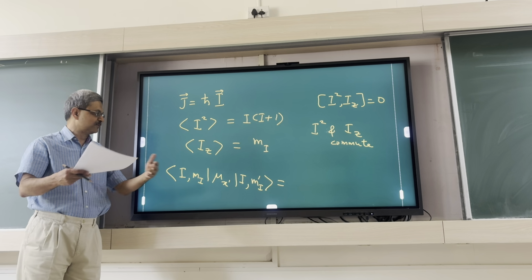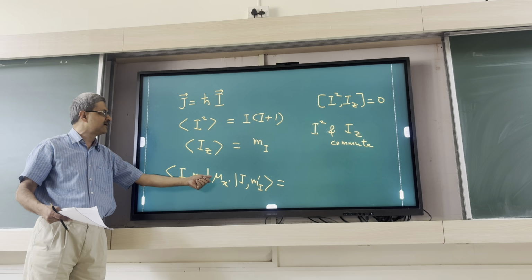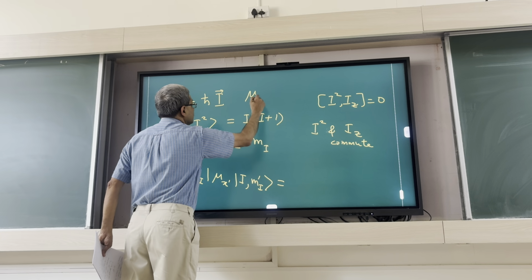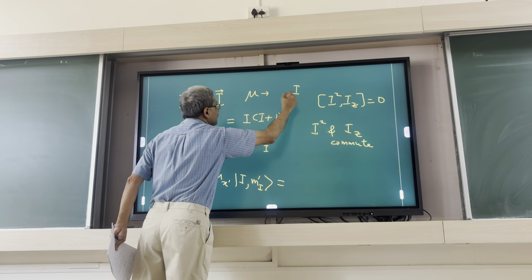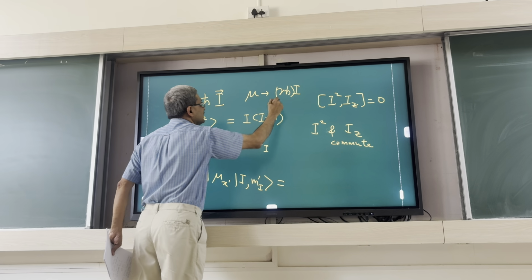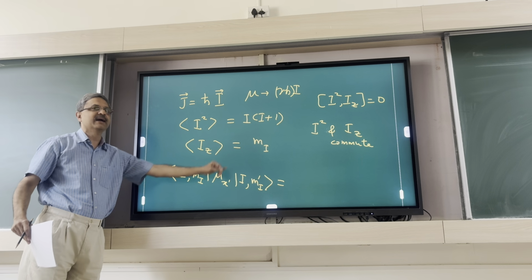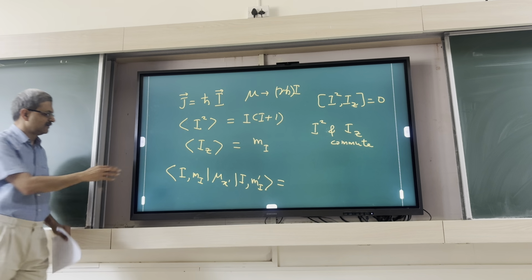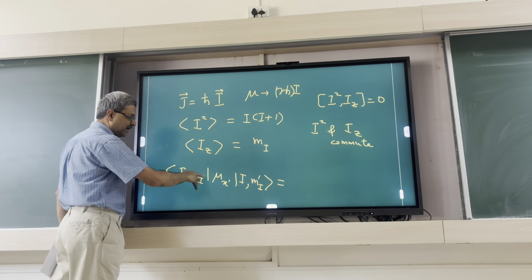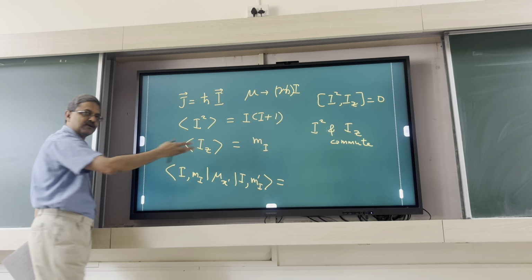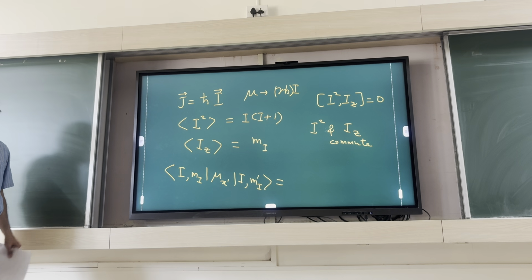In terms of an observable, you are looking at the magnetic moment, but we know you can connect the magnetic moment to the angular momentum via gamma h bar, right? So one can just replace this by gamma h bar Ix, and then the matrix elements of various angular momenta, there are rules to determine those. So that's how one would go.